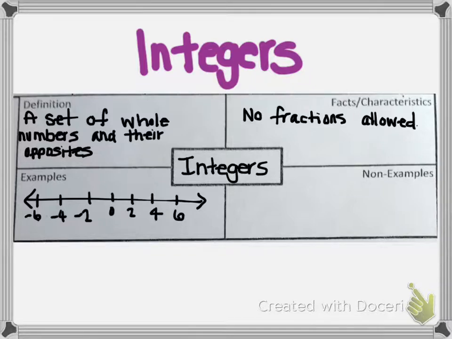So 2's opposite is negative 2, a set of whole numbers and their opposites. Some non-examples are fractions like 3/4 or 1 1/10 or 3 5/10. Those are not integers.